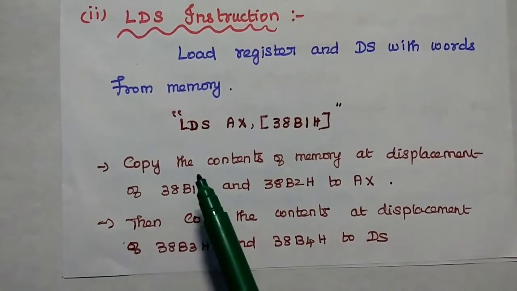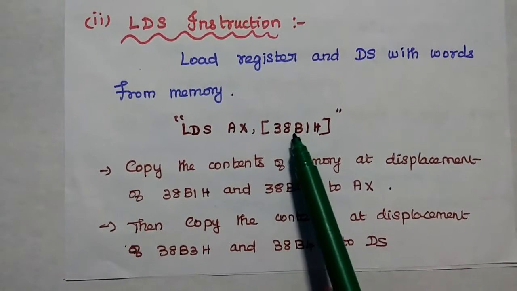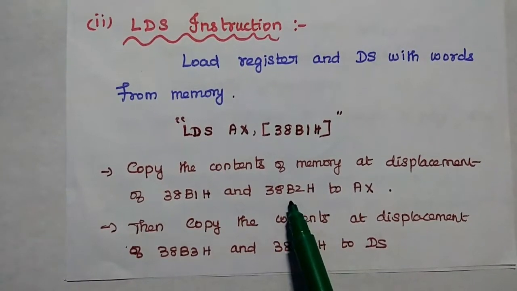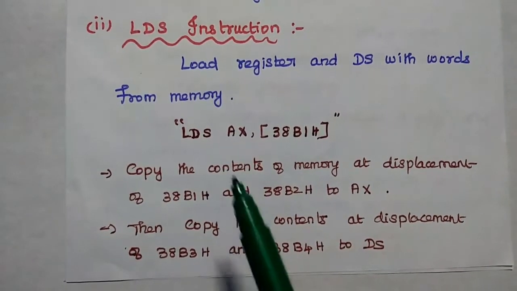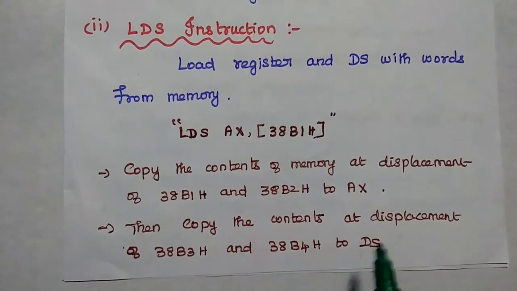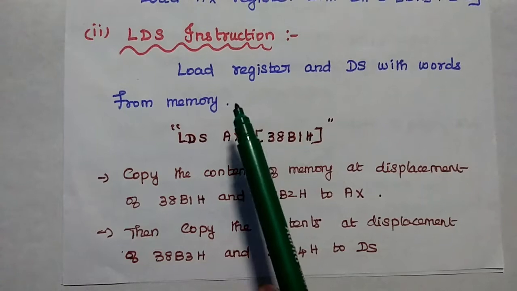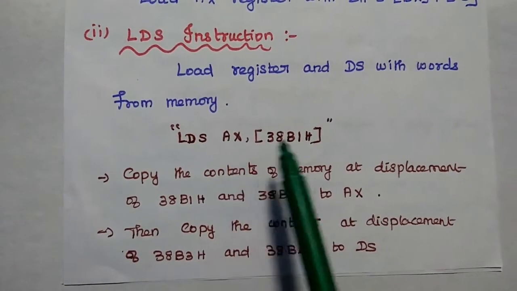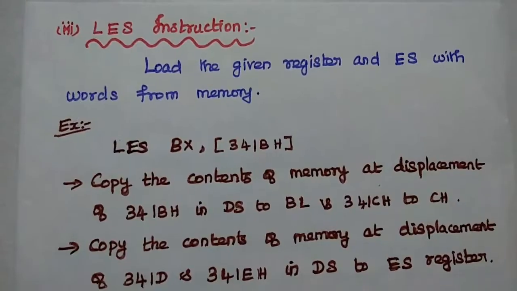So here to copy the contents of the memory at displacement of this value and the next value to this AX register, then copy the contents at the displacement of the next two locations to this data segment. So we are going to load the given register and also with that data segment register.